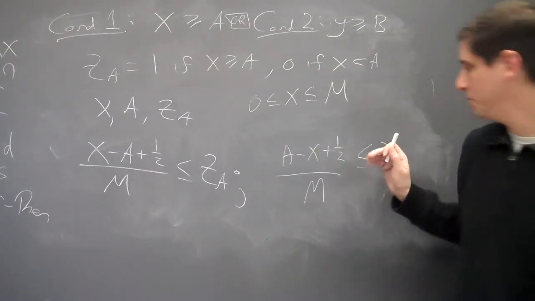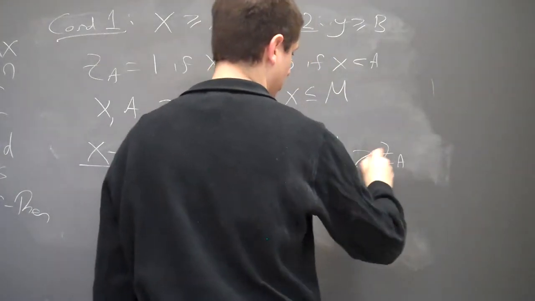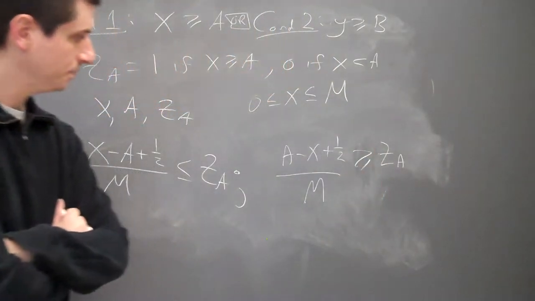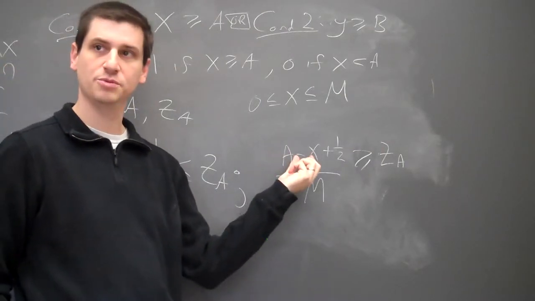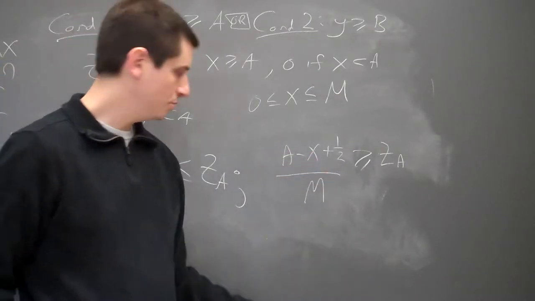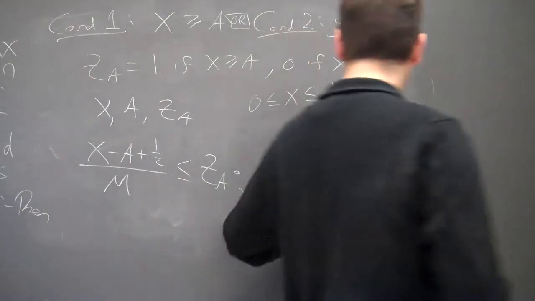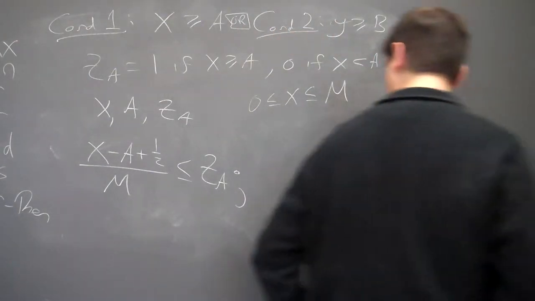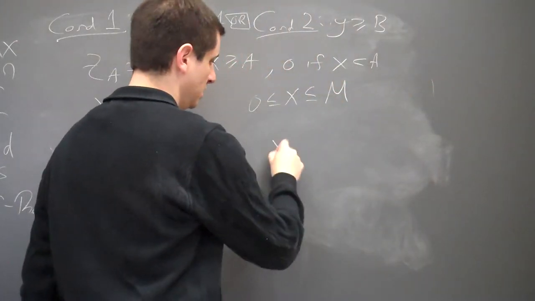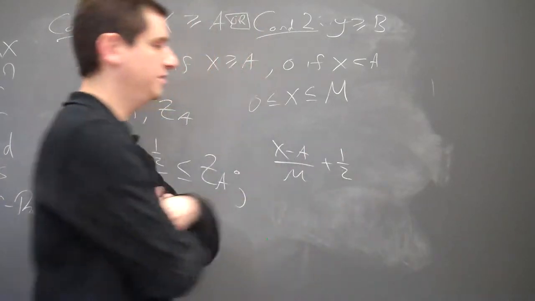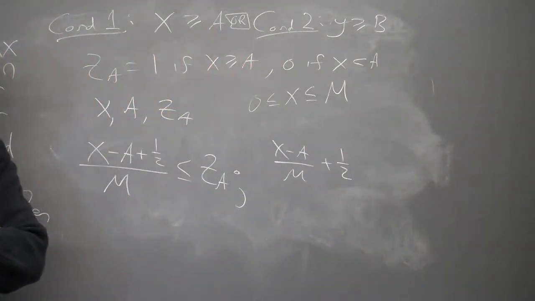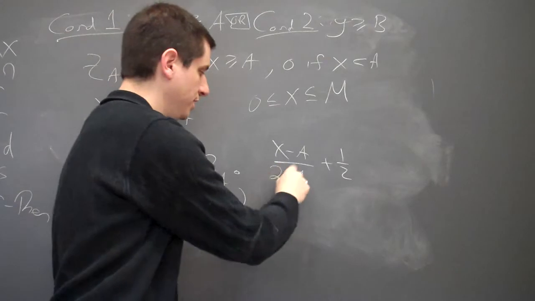1 minus? I mean, we could do greater than or equal to. But then again, once x is greater than a, there's a problem. So maybe we could look at x minus a over m, maybe put the 1/2 outside things, or maybe put a 2m over here.